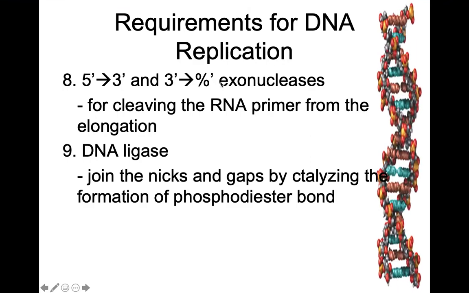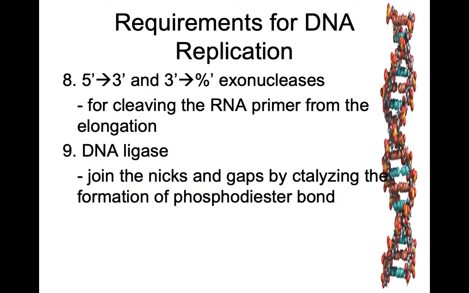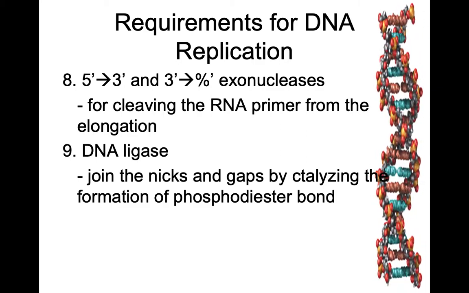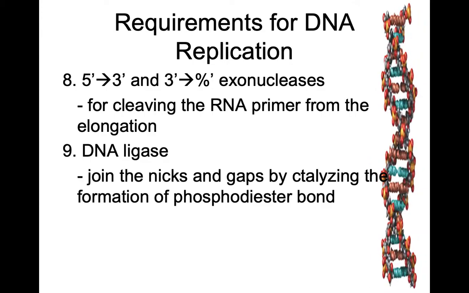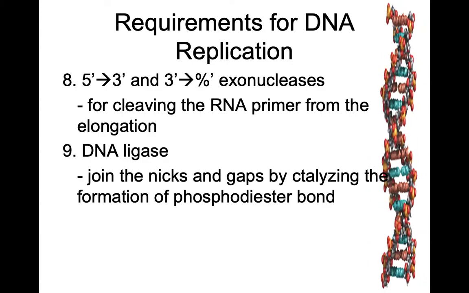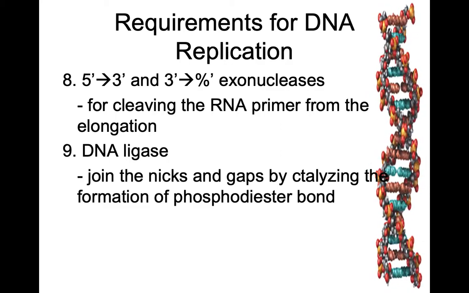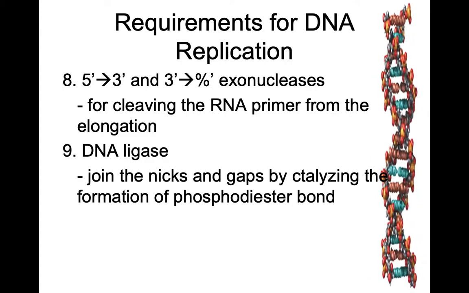This is 5', sorry. Okay, and these exonucleases cleave the RNA primer from the elongation. So what happens is that one of the daughter strands is called a lagging strand, and for the lagging strand, its synthesis is not continuous.